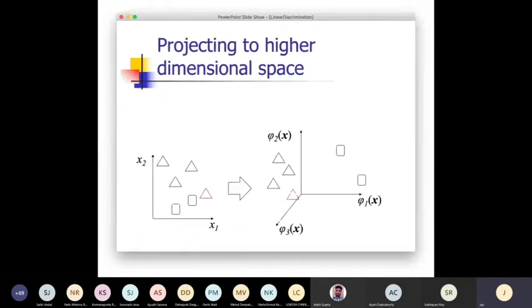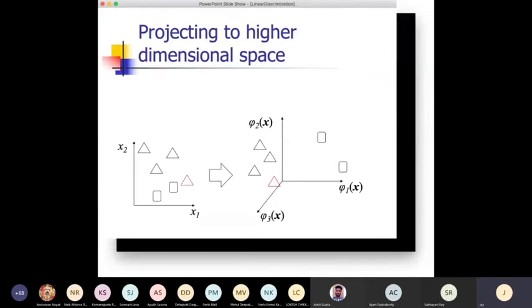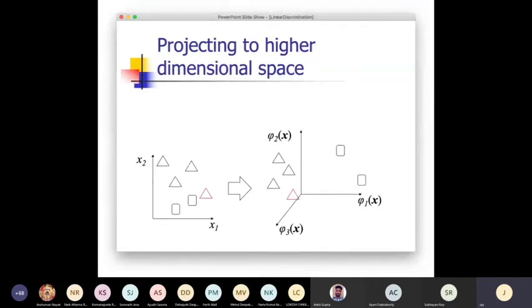So, for example, consider a typical figurative demonstration: there are 6 samples, as you see, all triangular shapes. They are for class 1 and rectangular shapes are for class 2. So now we can project them, and it may cause separation in the higher dimension.